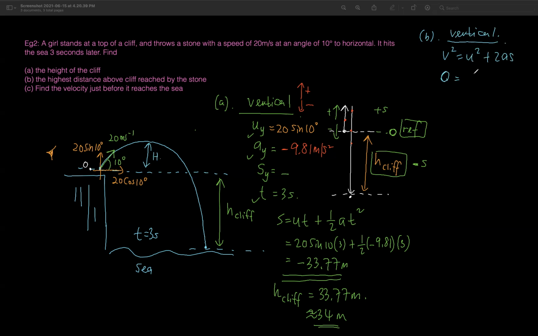And then U is U sine 10 square minus 9.81 S. Solve it, just calculation, then you also can get the answer. S is 0.61 meter. This is the maximum height above the cliff, 0.61 meter.